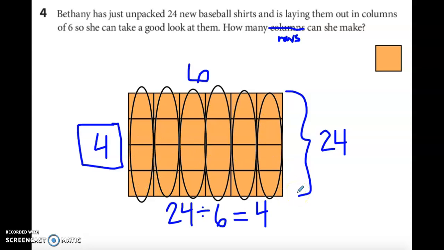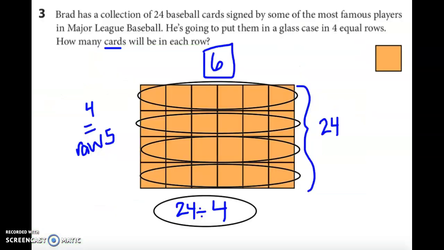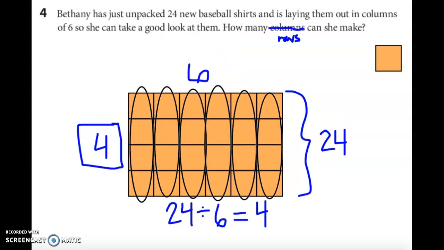So if you didn't already write this down, please write this down on your Brad's Baseball Shop where you're going to use the grid paper and make sure you're emphasizing, sorry, I clicked on the wrong one. Make sure that you're emphasizing that this time we were dividing them into columns. Okay?